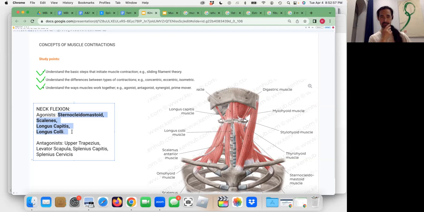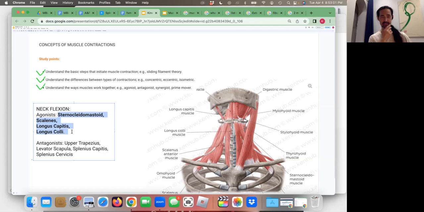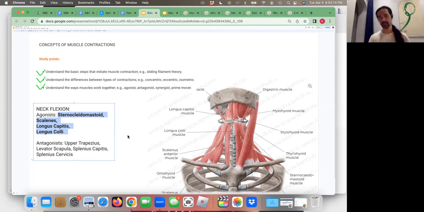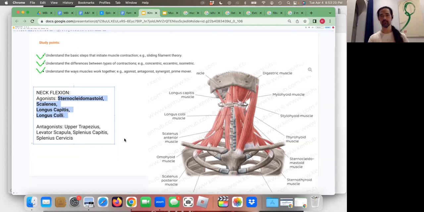Well, let me just work into the following movements, which are agonist, antagonist, synergist, and prime mover. That is the learning objective we're on anyway. So we'll just do the couple additional movements that I had planned, and then we'll move on from agonist, antagonist, synergist, and prime mover. But please review those.